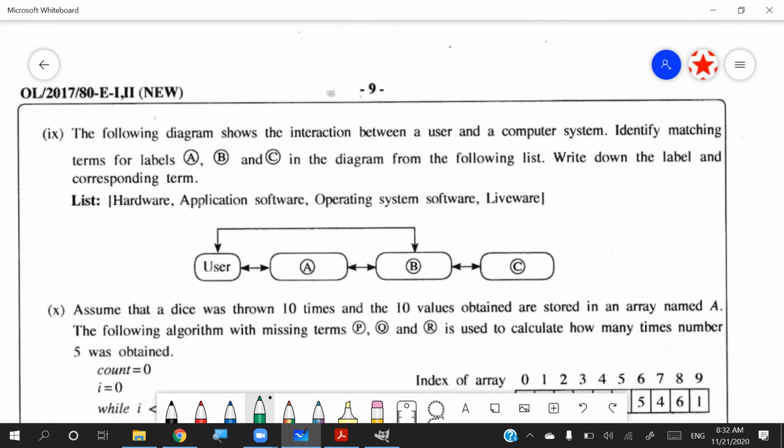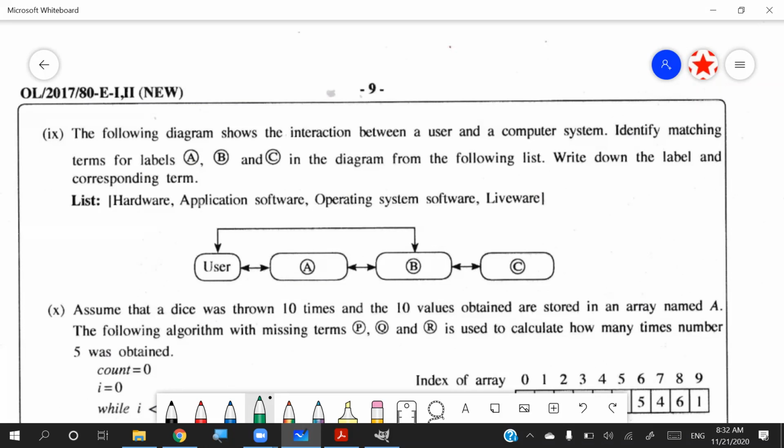So hardware, application software, operating system software, and liveware are there. The user is interacting with the application software, right? The application software is on the operating system, and the user is also interacting with the operating system as well. So B is going to be the operating system.